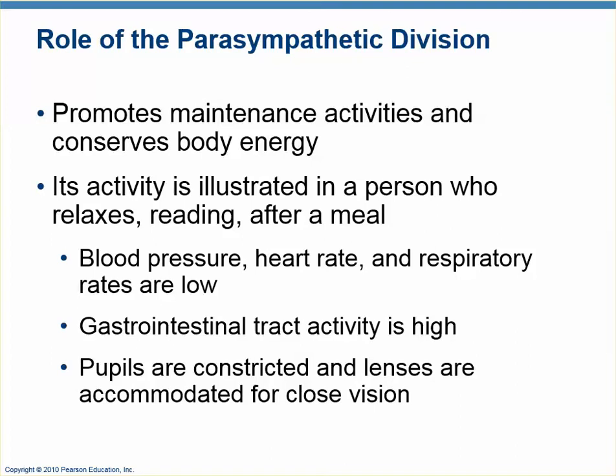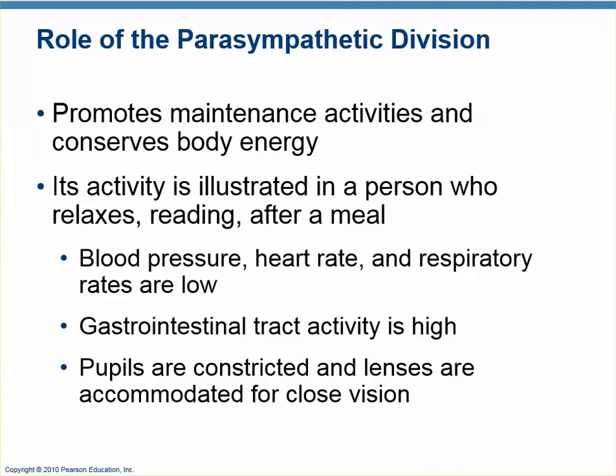The parasympathetic is rest and digest. So this is conserving energy, maintenance. It's all about maintaining the organism. So rest and digest: blood pressure, heart rate, and respiratory rates all go down. GI activity goes up.